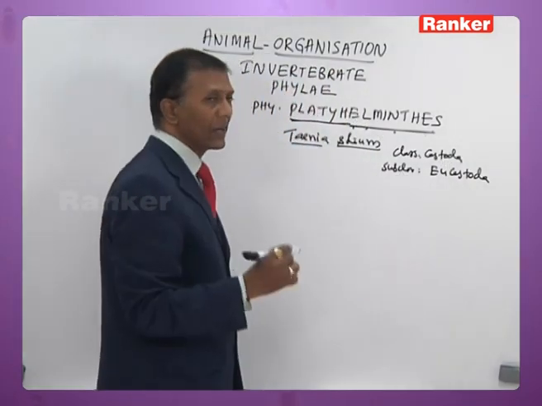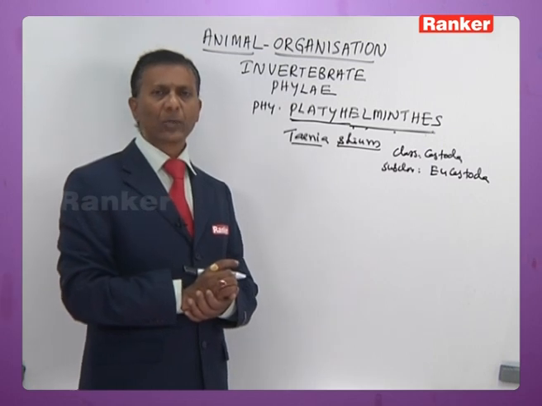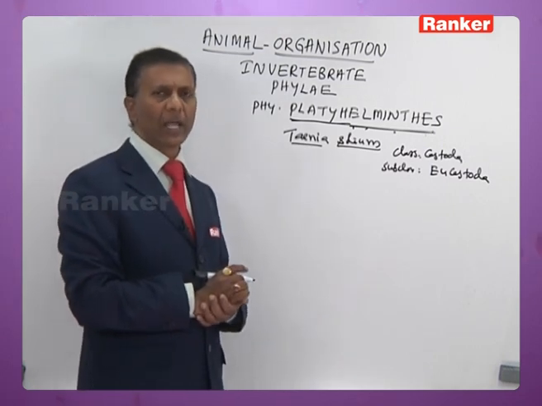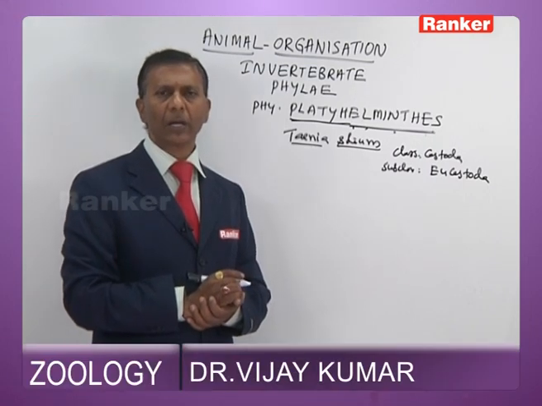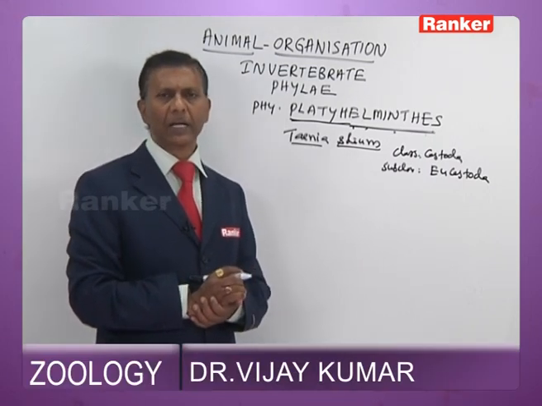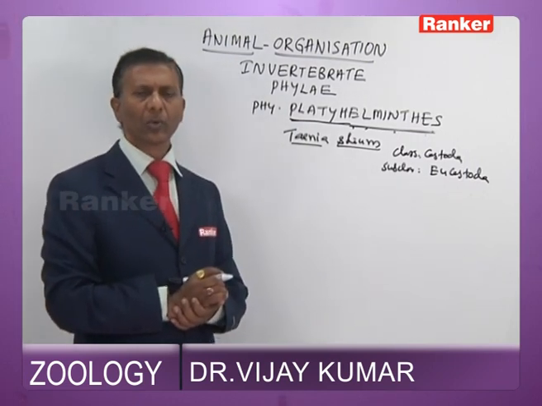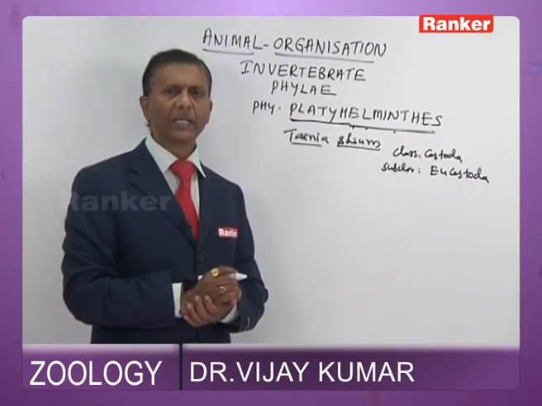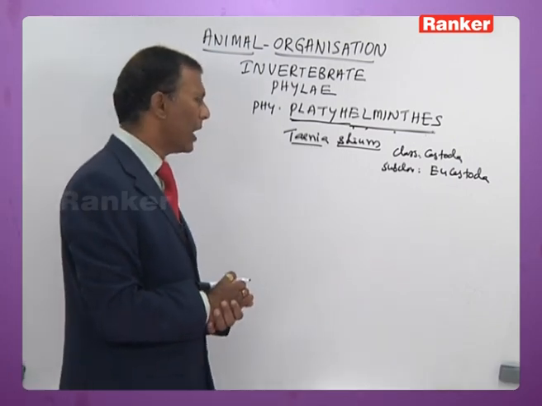Once again, class Cestoda is divided into two subclasses, Cestodaria and Eucestoda. In Cestodarians, body is not divisible into scolex, strobila and neck, whereas in Eucestodes, body is divisible into scolex, neck and strobila. So it belongs to Eucestoda.